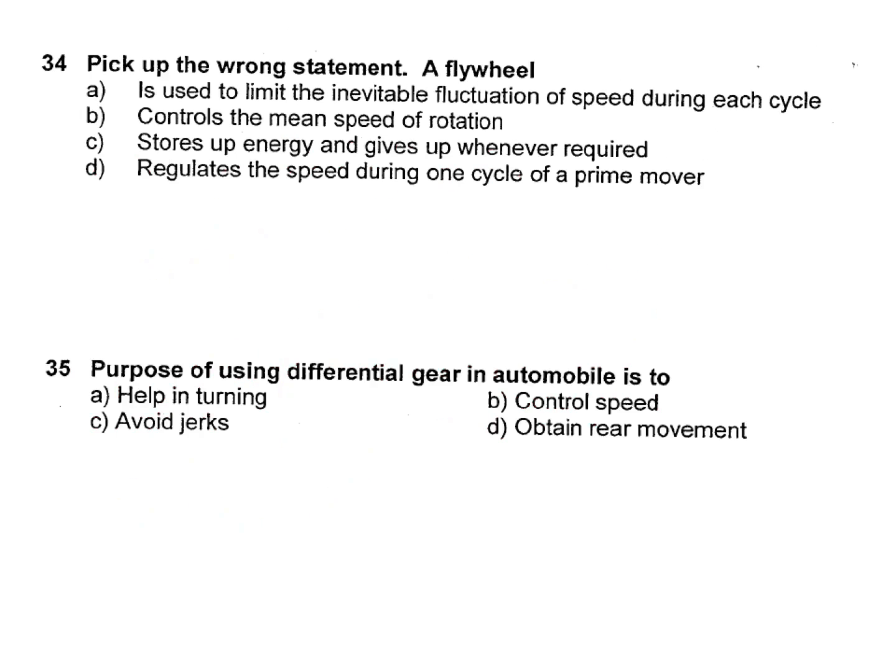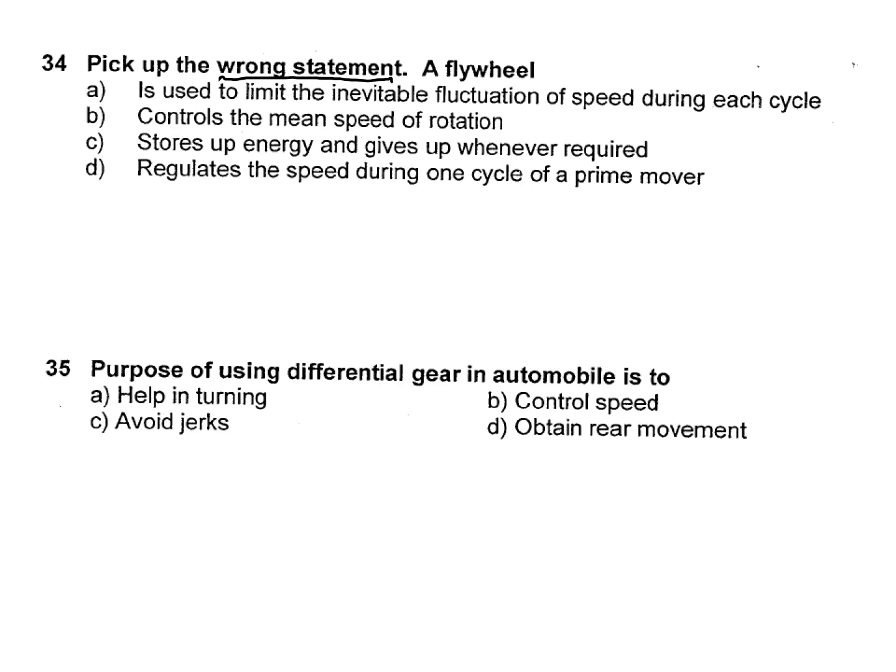Pick up the wrong statement, a flywheel. Wrong statement, we have to check for a flywheel. A: is used to limit the inevitable fluctuation of speed during each cycle. This is correct. B: controls the mean speed of rotation. No, it does not control the mean speed of rotation.